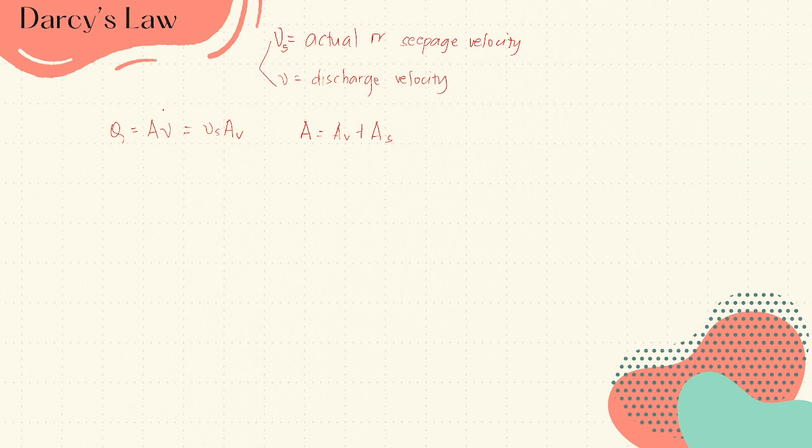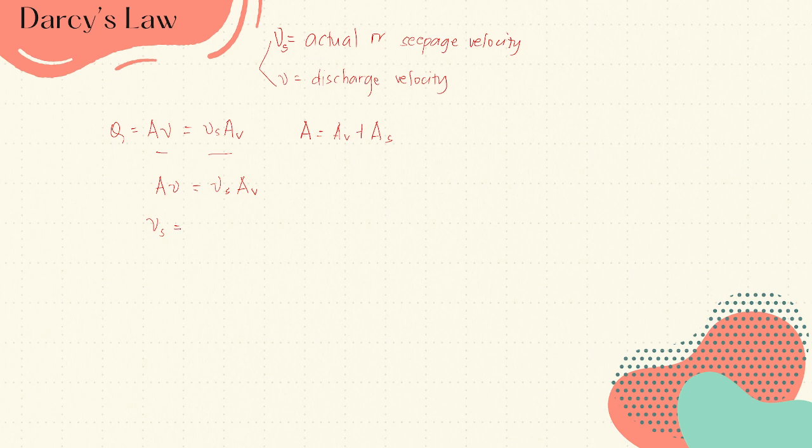These two are equal to each other. So we can write gross area times the discharge velocity is equal to the seepage velocity times the area of voids. And we can isolate the seepage velocity.